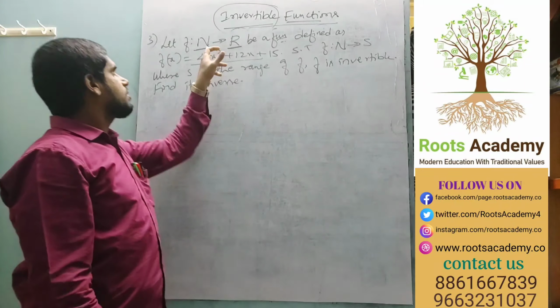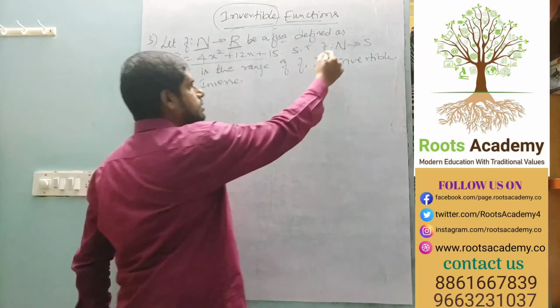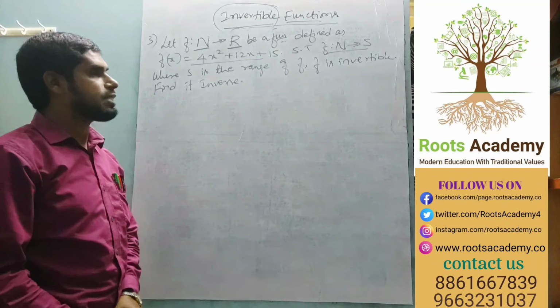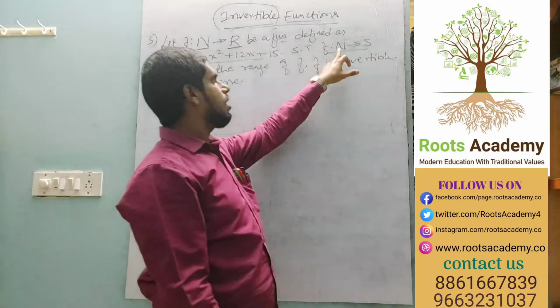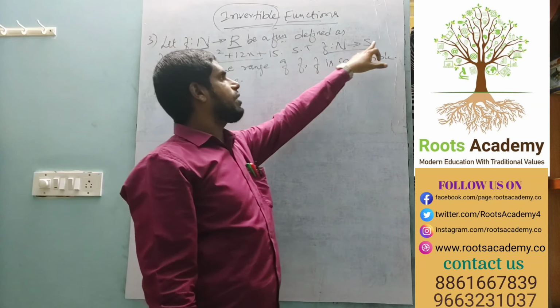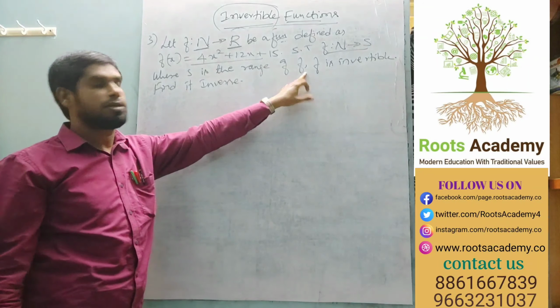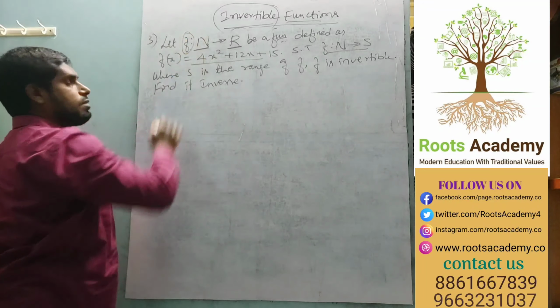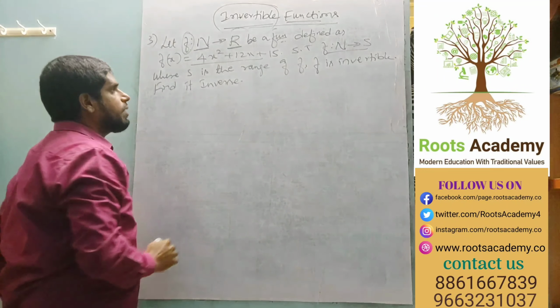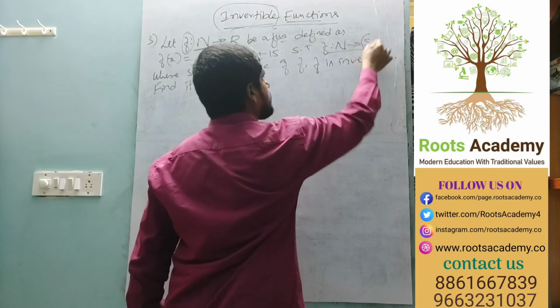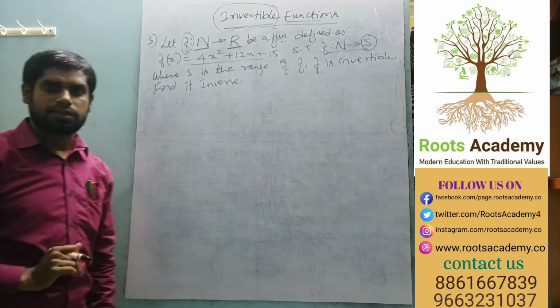And then with this, again there is some restriction in the function: f is from N to S. Again the domain is the same, but what is S? S is the range of this function. So this S is not the set of all real numbers.